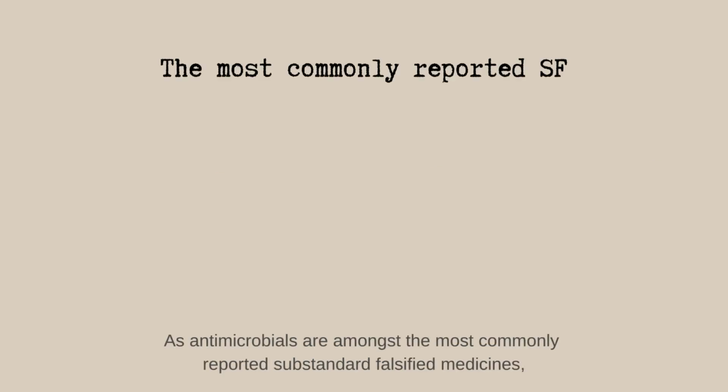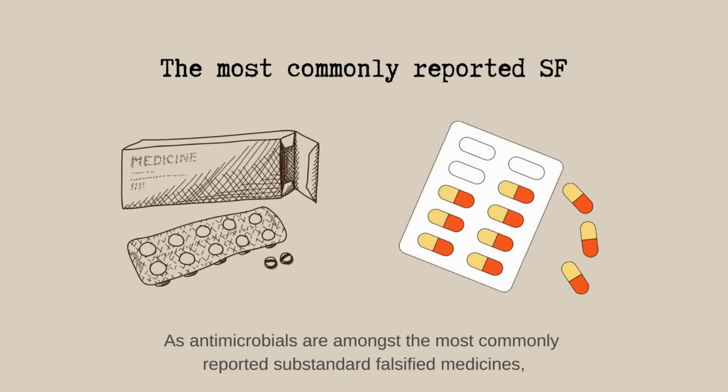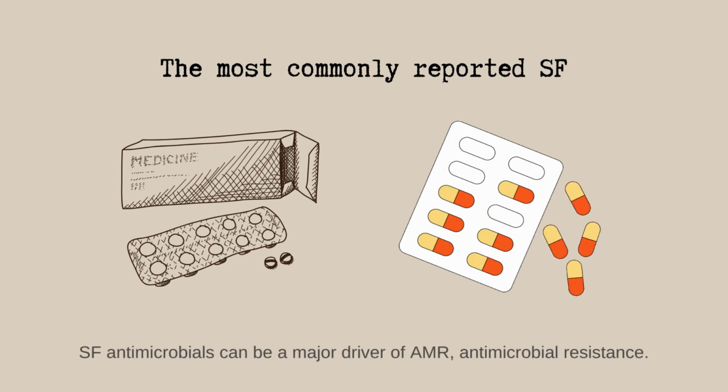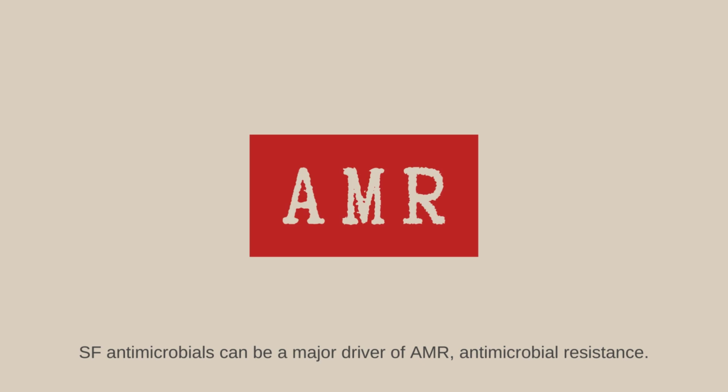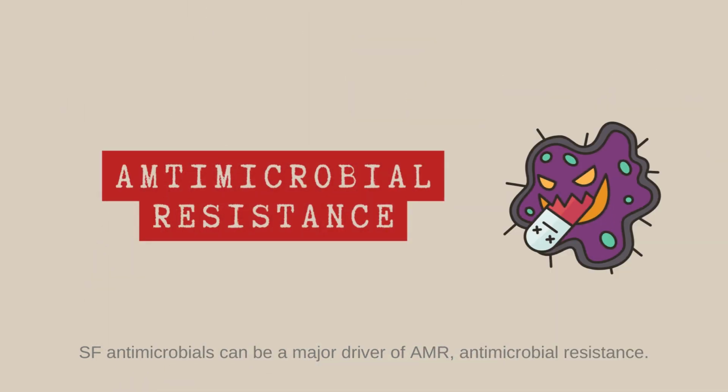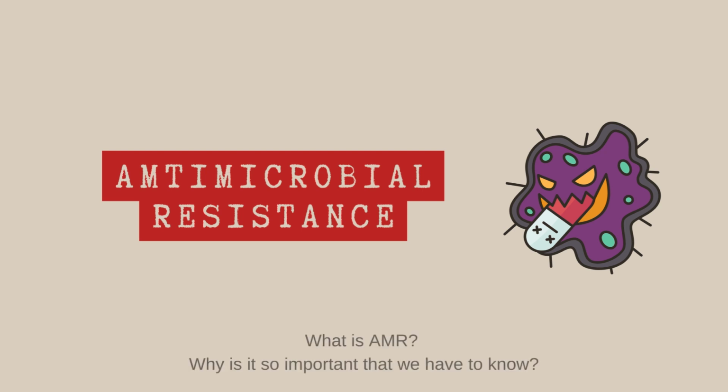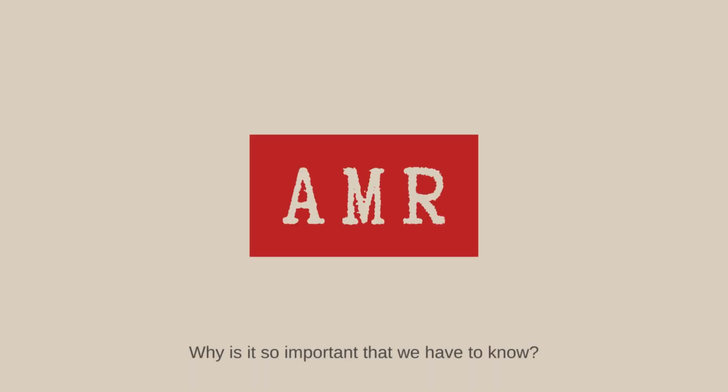As antimicrobials are amongst the most commonly reported substandard falsified medicines, SF antimicrobials can be a major driver of AMR, antimicrobial resistance. What is AMR? Why is it so important that we have to know? Antimicrobial resistance. Let's dig further into it.